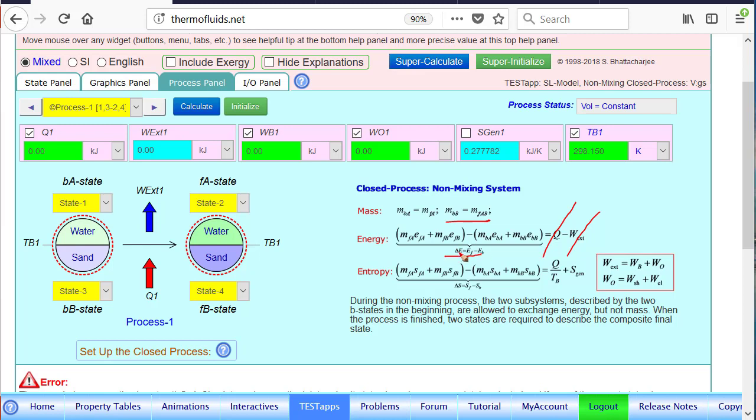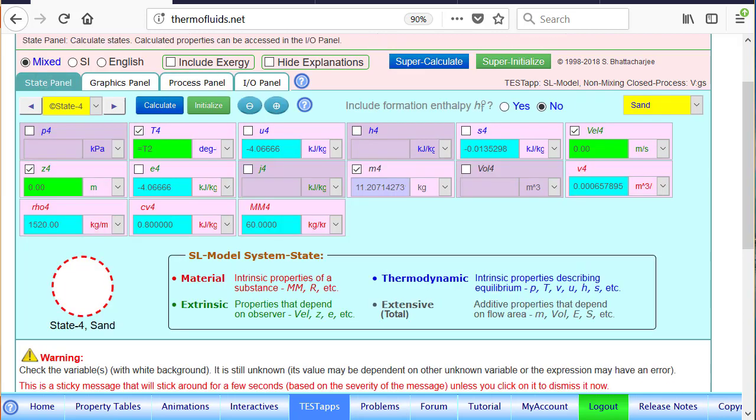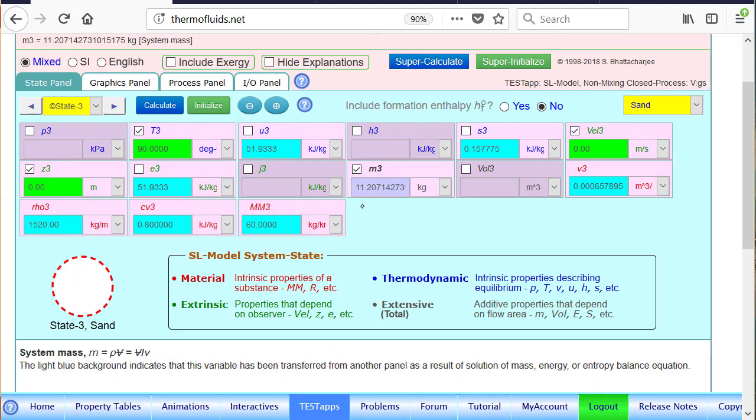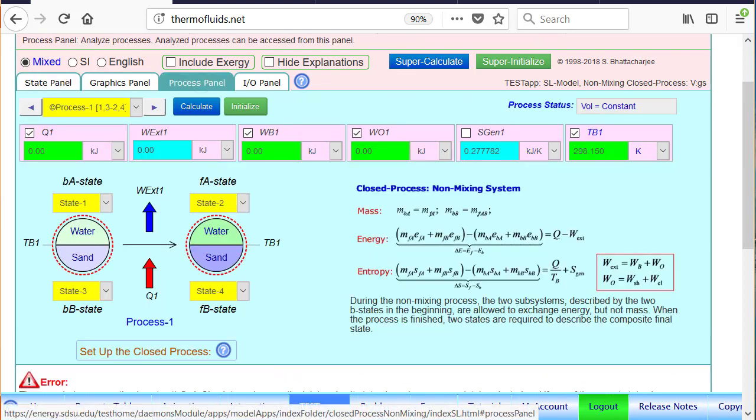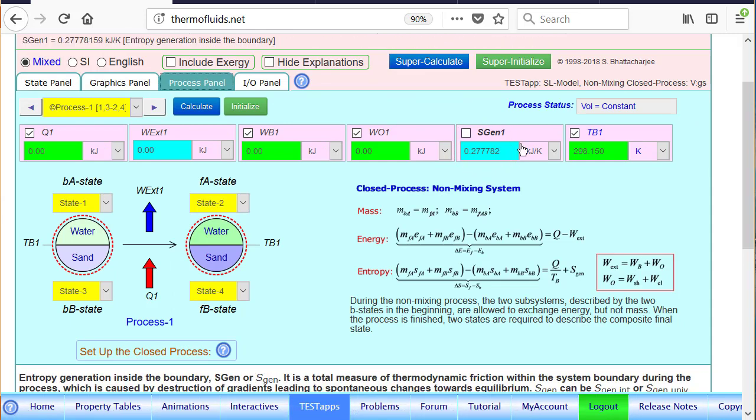So this mass and energy equation can be solved to produce the energy of state 3. If you go back to state 3, we should be able to find the unknown mass. We already knew the energy, and the unknown mass has been found. M3 is 11.2. And if you come back to the process panel, notice that the entropy generation is also found.